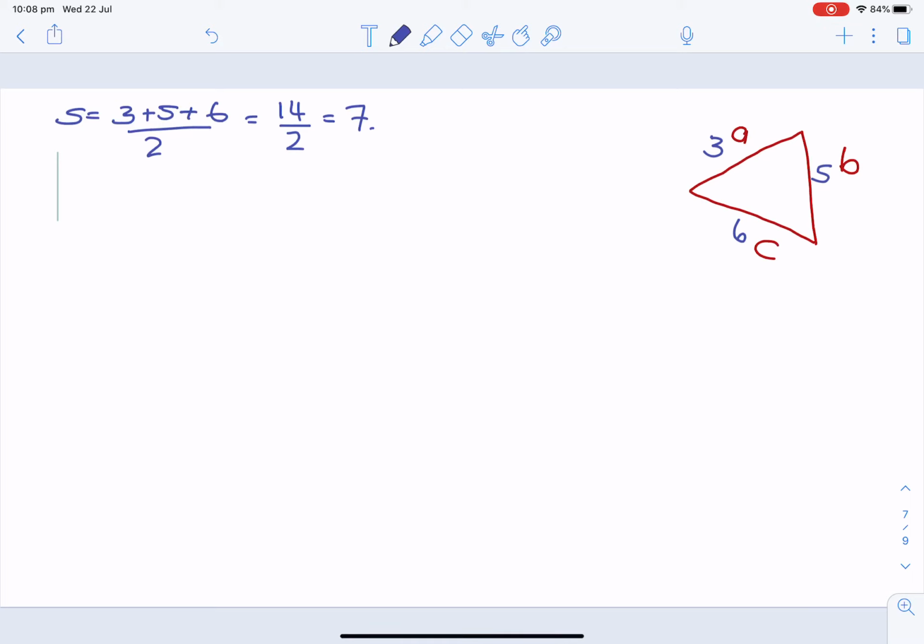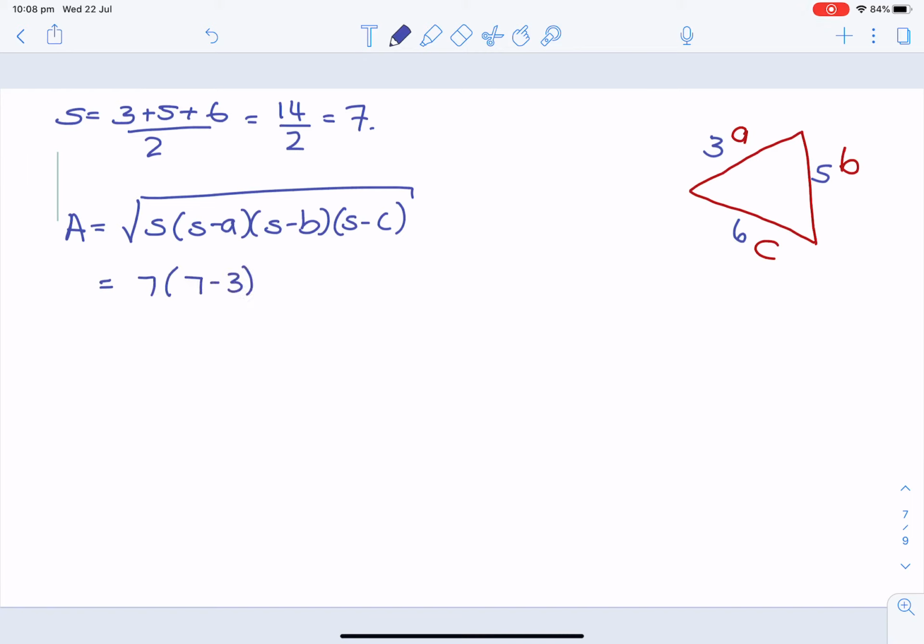So I haven't calculated, so I apologise if my calculations are wrong. Let me just double check. Divide 14 by 2 is 7. Alright, so that's my S value, 7. My A formula is the square root of S, S minus A, S minus B, and S minus C. So 7, open brackets, 7 take 3, close the bracket, 7 take 5, and then 7 take 6.